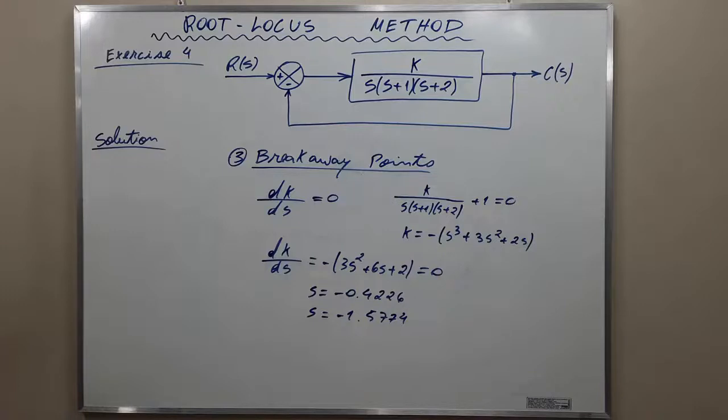Okay? Since the breakaway point must lie between 0 and -1, as we saw, the breakaway points have to be along the root locus or at the root locus, and only the portion from 0 to -1 belongs to the root locus on the real axis, then only s equal to -0.4226 is a breakaway point.